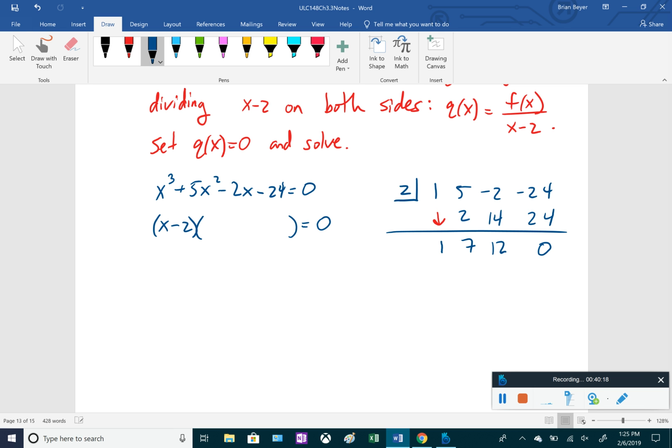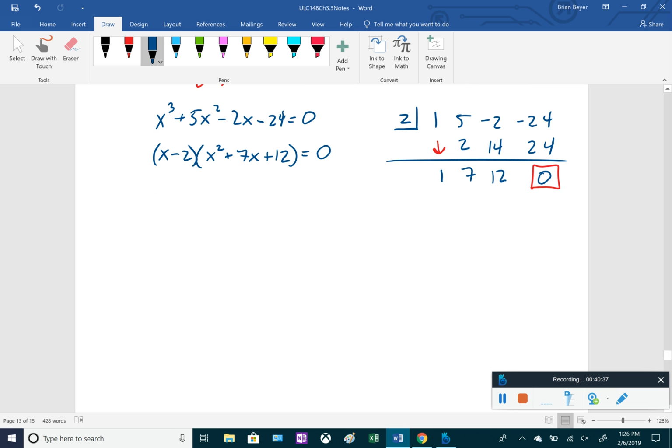Add down, we get 0. So that's the remainder. So that means our quotient is going to be 1x squared plus 7x plus 12. So all we really need to worry about is that quotient set equal to 0.